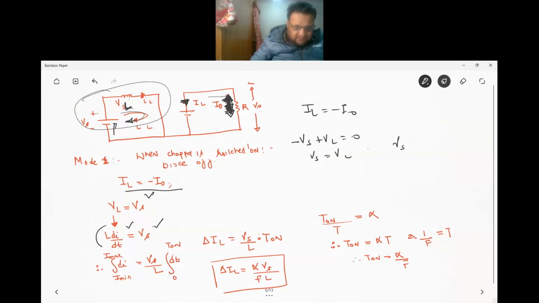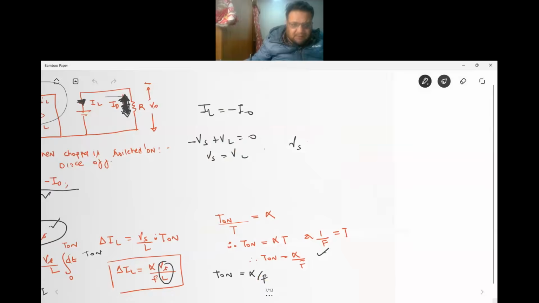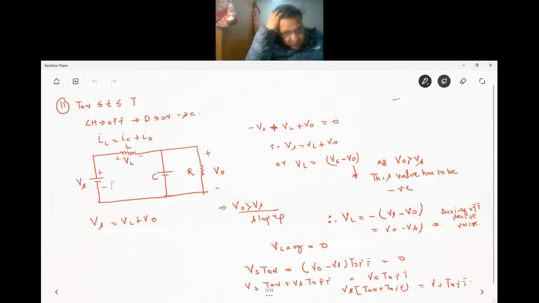So L di by dt would be equal to VS. If you integrate this from minimum to maximum value, we'll get an equation: delta I would be equal to Vs by L times T on. And you notice that T on can be replaced by alpha F, which I have done previously also. Just refer back previously. Now, see, this is your chopper circuitry.